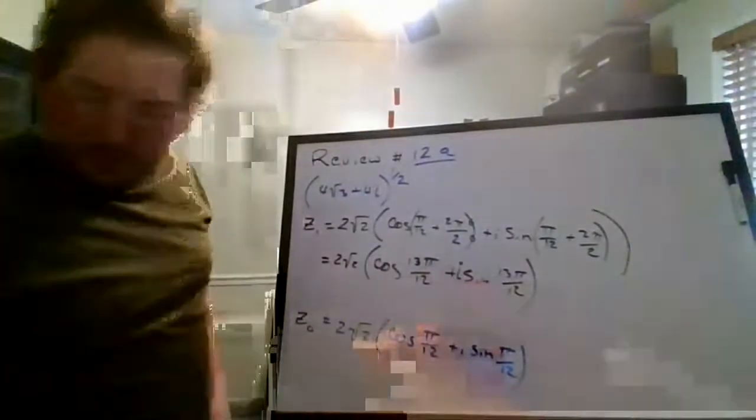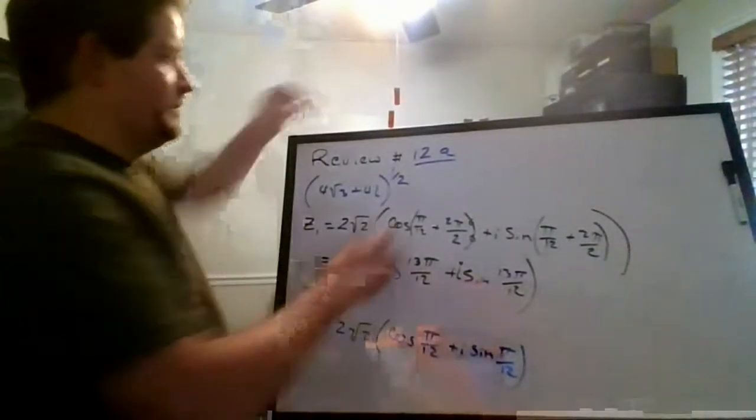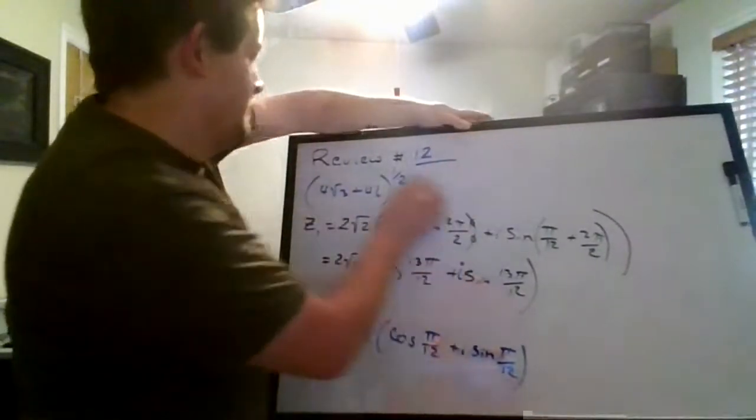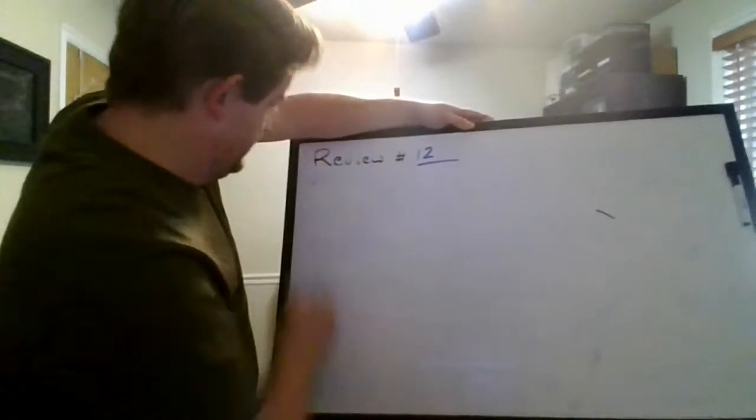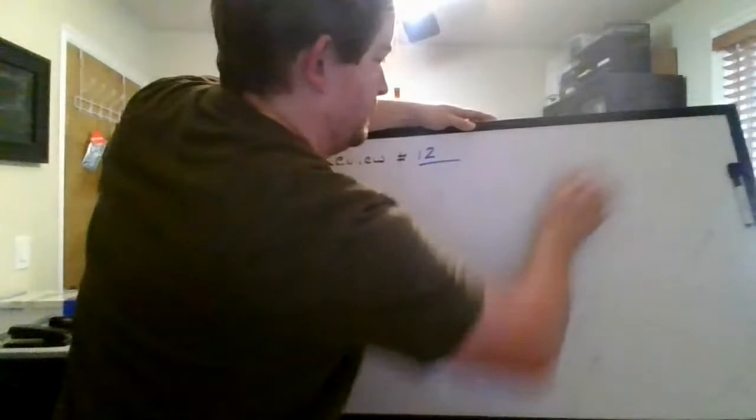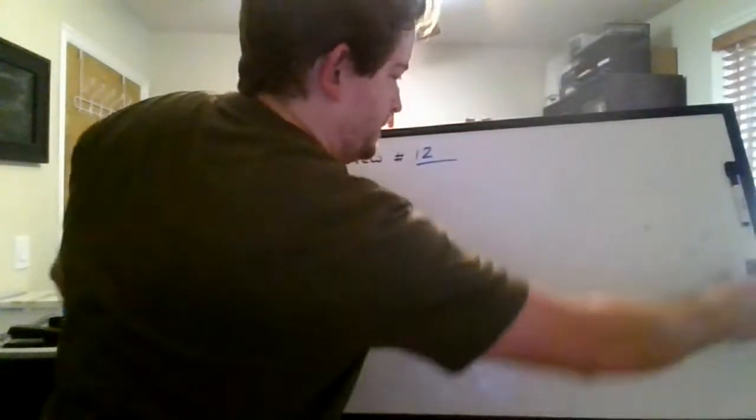So let's look at 12b. 12b says to solve z to the fourth plus 1 equals 0.